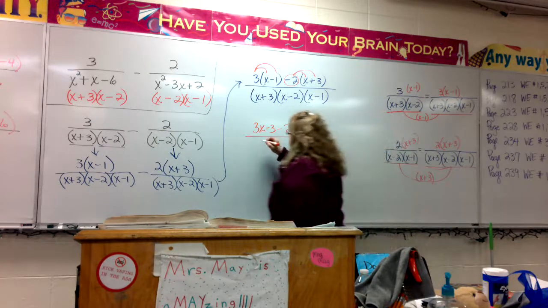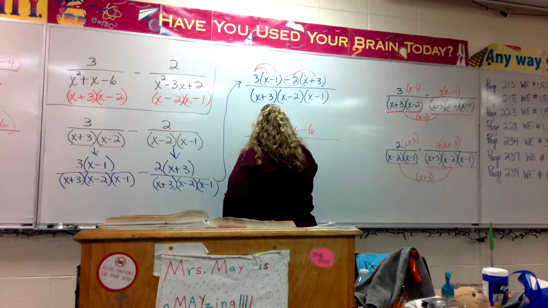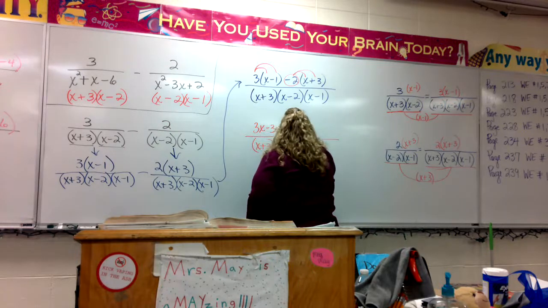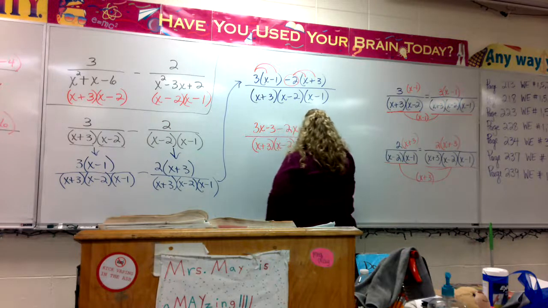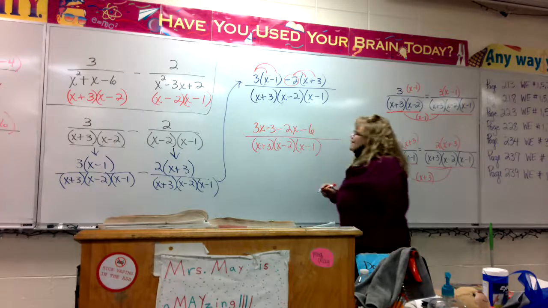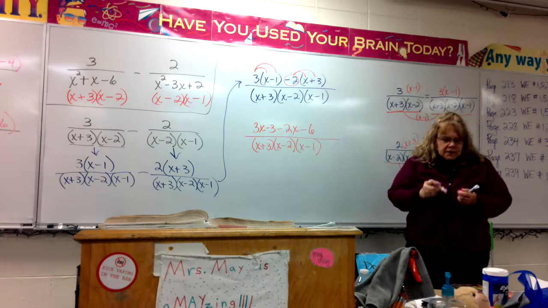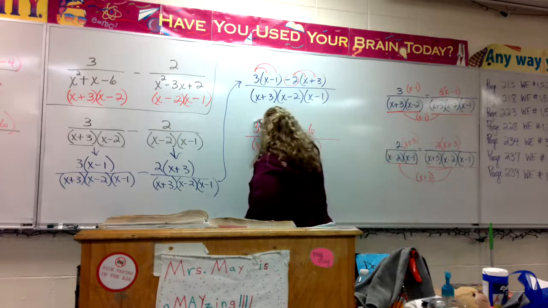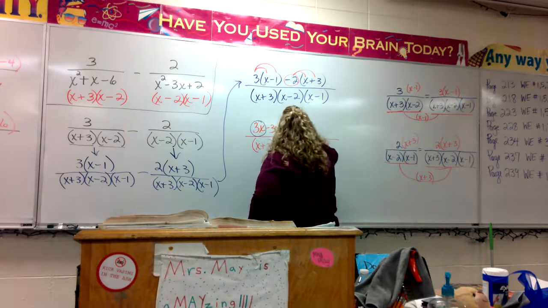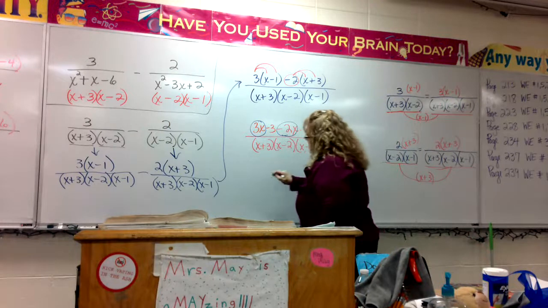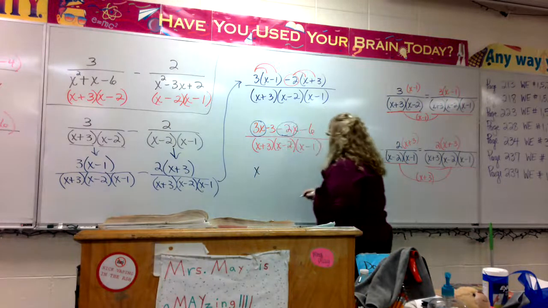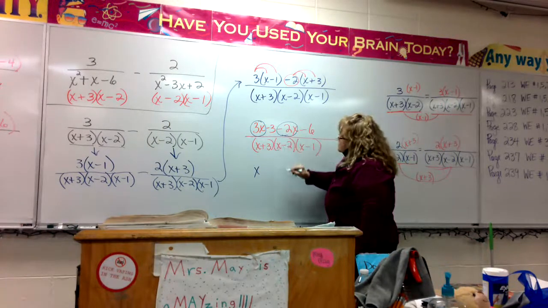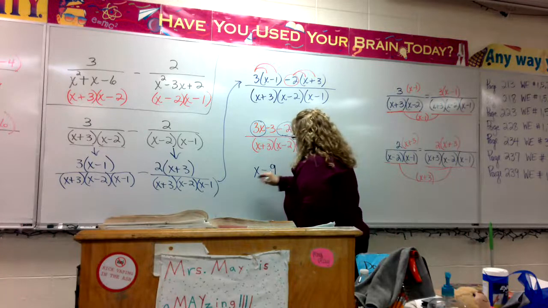All over x plus 3, x minus 2. Like that. Now you can combine up your numerator. This and that. Is that just 1x? Negative 6, negative 3. Cool.